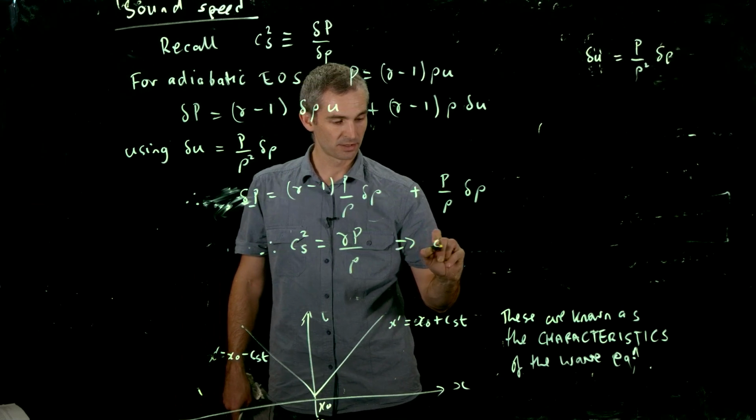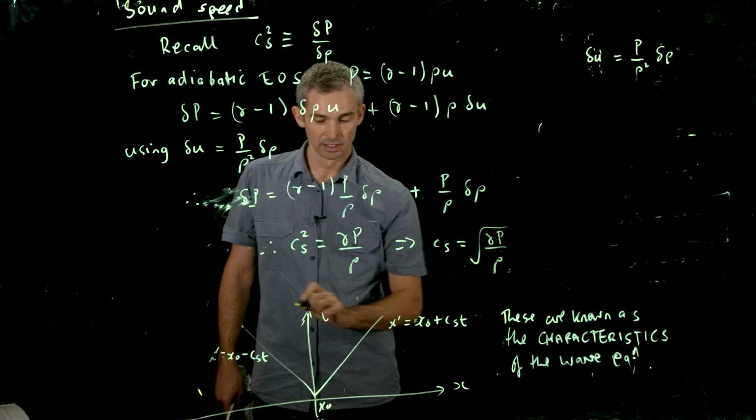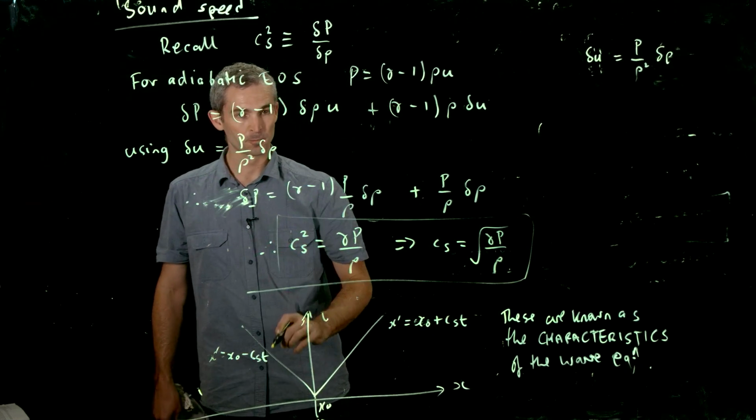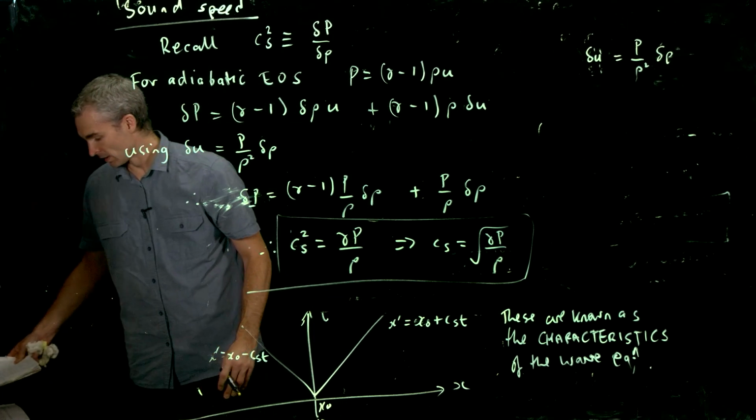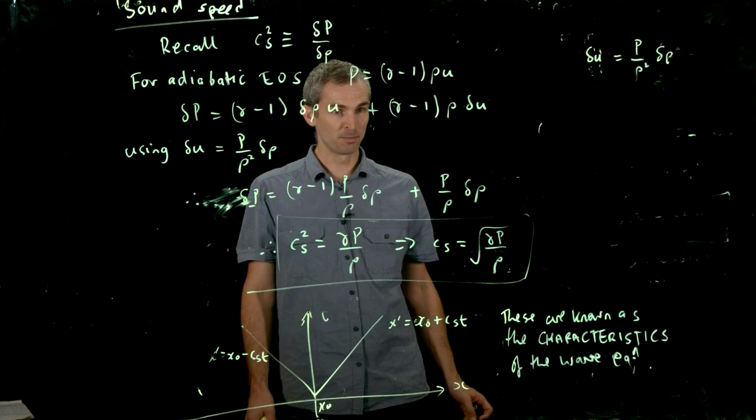So in other words, the sound speed is the square root of gamma times the pressure on the density. That's quite a general statement, and that's the last thing we need. We're going to come back next lecture with some nonlinear behavior, but thanks for watching.